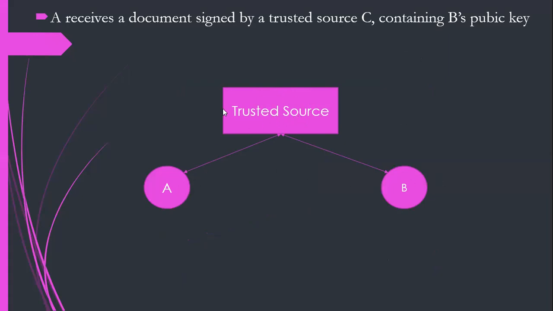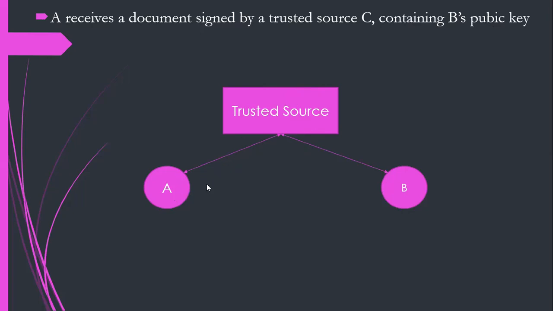A and B both will trust the government organization C. C will put its signature on the document containing B's public key, and send a copy of B's public key with the signature to A. Therefore A can trust the B's public key received from this trusted source C.